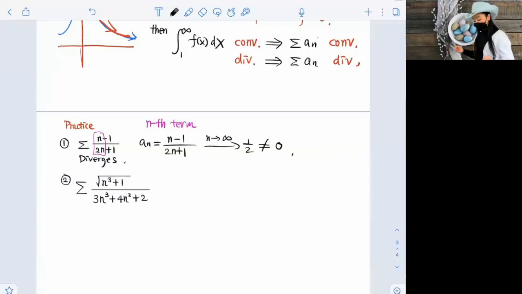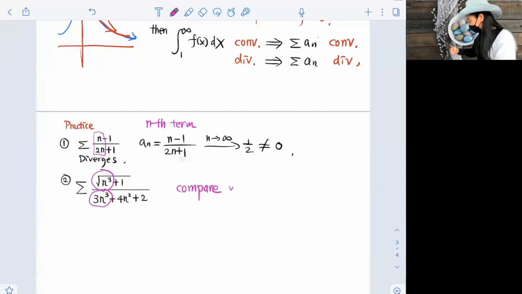Okay, good. And the second one, just tell me which test. Comparison test, because this is kind of like square root of n to the third, right? Down here is this. So you want to compare.